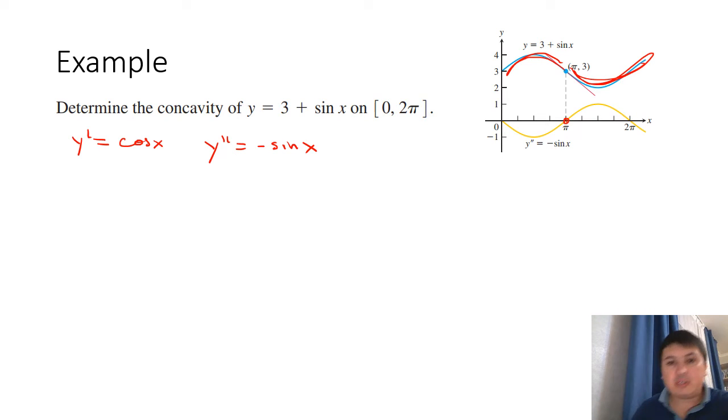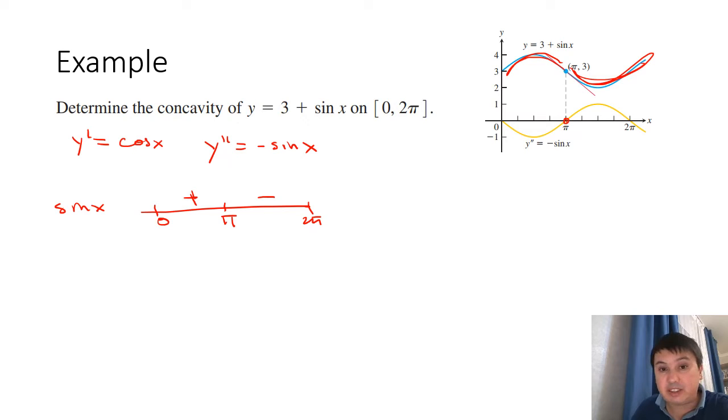Well, what do we know about sine of x? From 0 to pi, it is positive. From pi to 2 pi, it's negative, right? Then for minus sine of x, which is the second derivative, I have the opposite. Here it's minus, here it's plus, right?